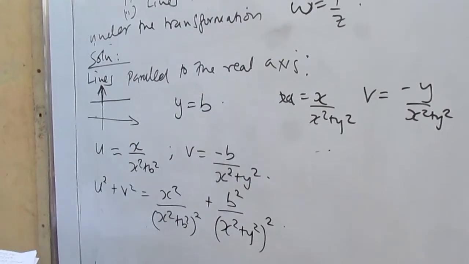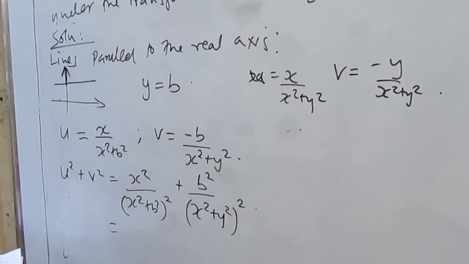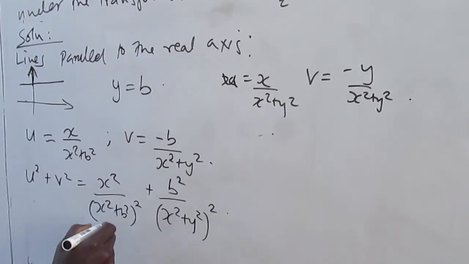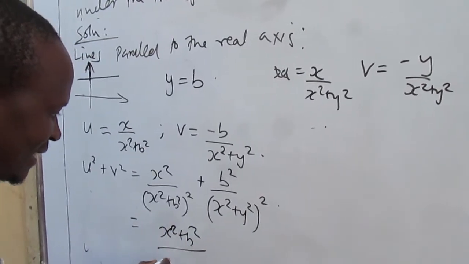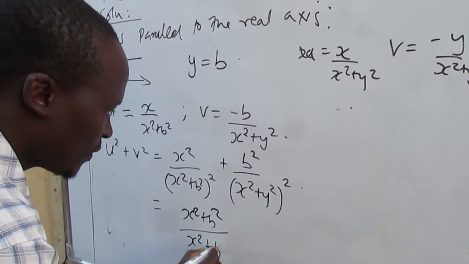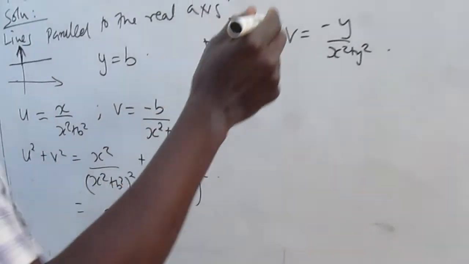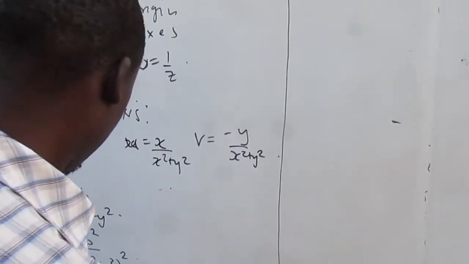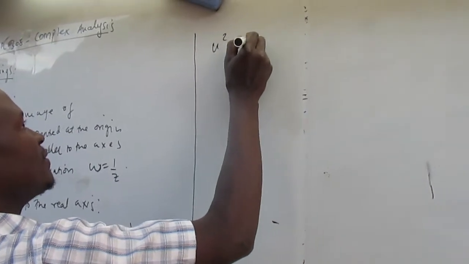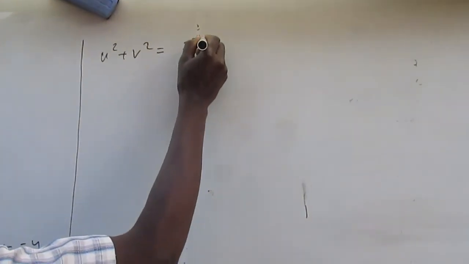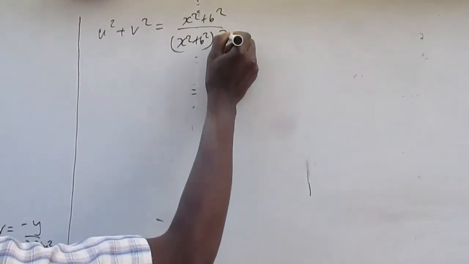Okay, so on the right hand side, the denominators are the same, so this is x squared plus b squared over x squared plus b squared, and the whole quantity is squared. And so u squared plus v squared is equal to x squared plus b squared over x squared plus b squared, the whole quantity squared.